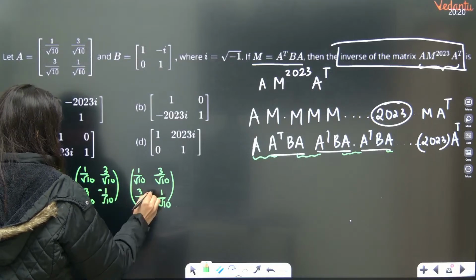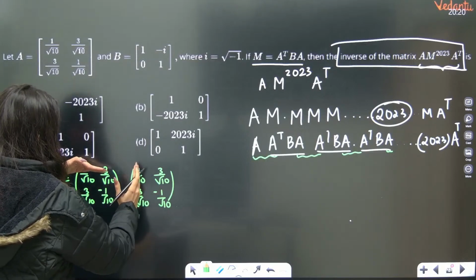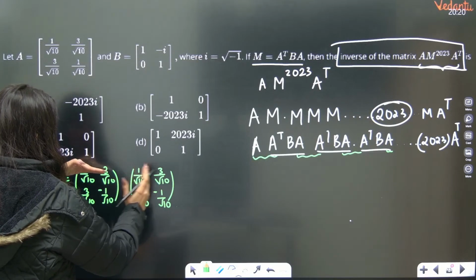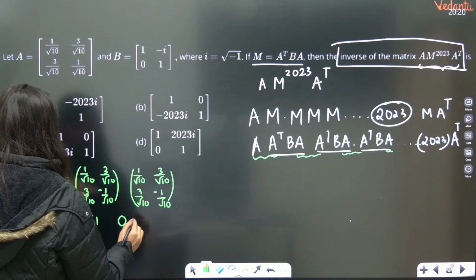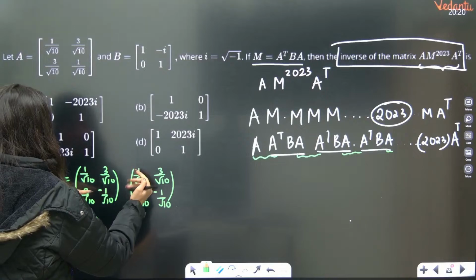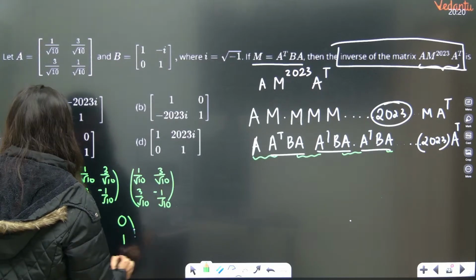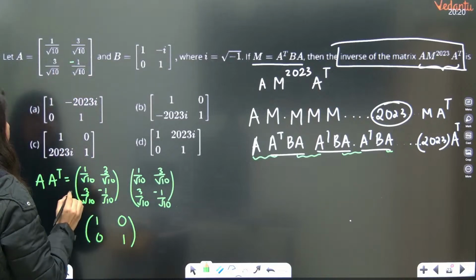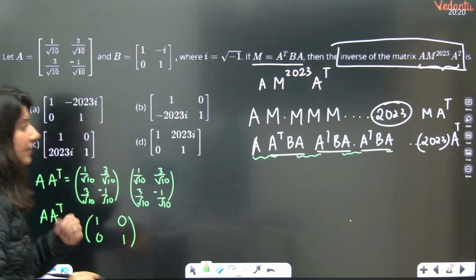Let's see, this and this, 1, correct? Now this and this, 3 minus 3, 0. This and this, 3 minus 3, 0. And this is still 1. Yes, there is a negative sign. So A A transpose is coming out as identity matrix.